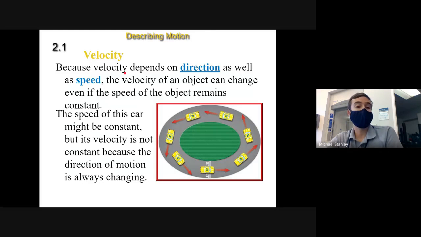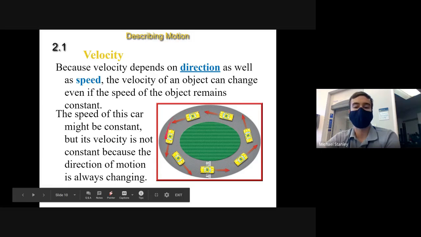So that means that one of the cool things about velocity is that your velocity can change even if your speed stays the same. So if you think about a car doing laps around a NASCAR track, right?